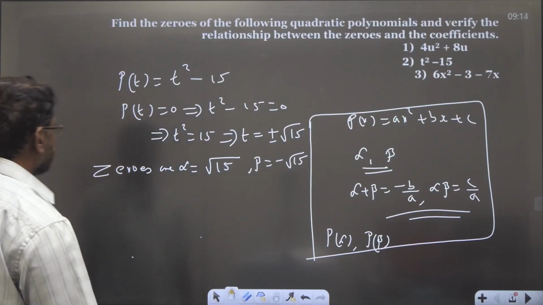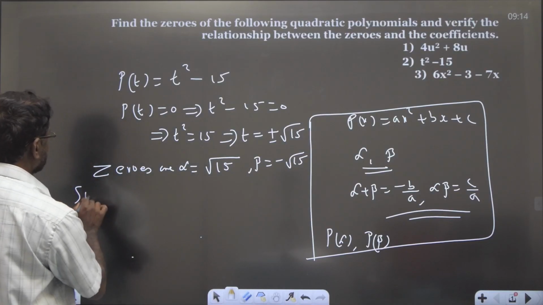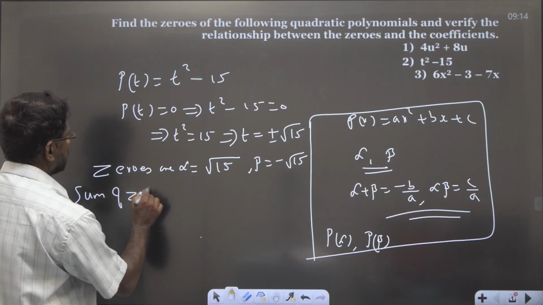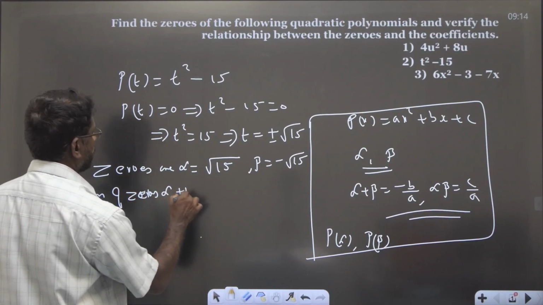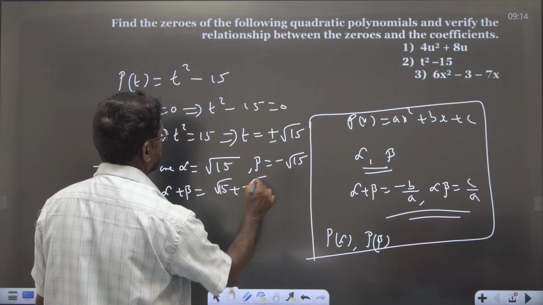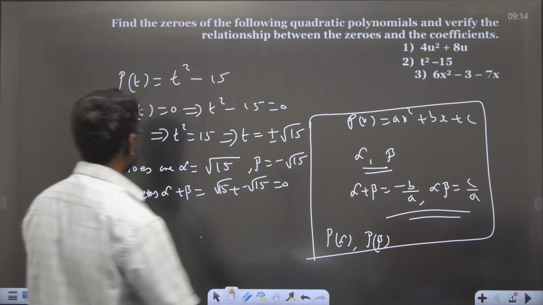Therefore, the sum of zeros, alpha plus beta, is root 15 plus minus root 15, that is equal to 0.